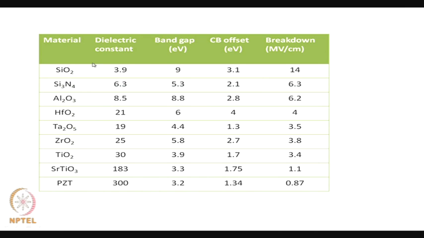Now, a large number of materials are available in the market or one can synthesize them. These are SiO2 having dielectric constant 3.9, then Si3N4, we have discussed SiO2 and Si3N4 earlier, with dielectric constant 6.3. Then a large number of materials like Al2O3, hafnium oxide, tantalum oxide, zirconium oxide, titanium oxide, strontium titanate, PZT, that means lead zirconium titanate.